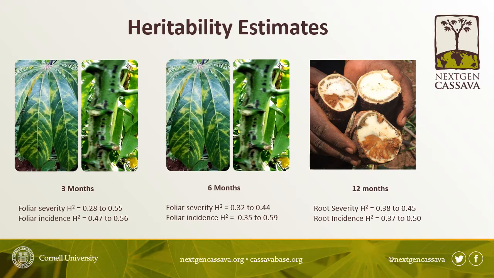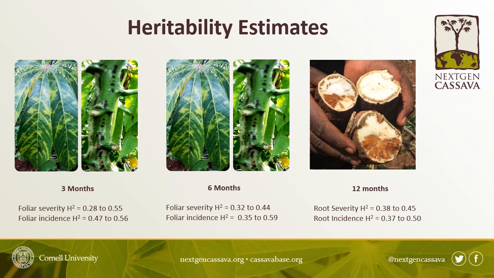Based on all datasets generated, we have tried to compute heritability estimates, plot based, of these traits. We can see that at 3 months, heritability estimates for foliar severity range from 0.28 to 0.55. At 6 months, it ranges from 0.32 to 0.44, and at harvest, it ranges from 0.38 to 0.45.